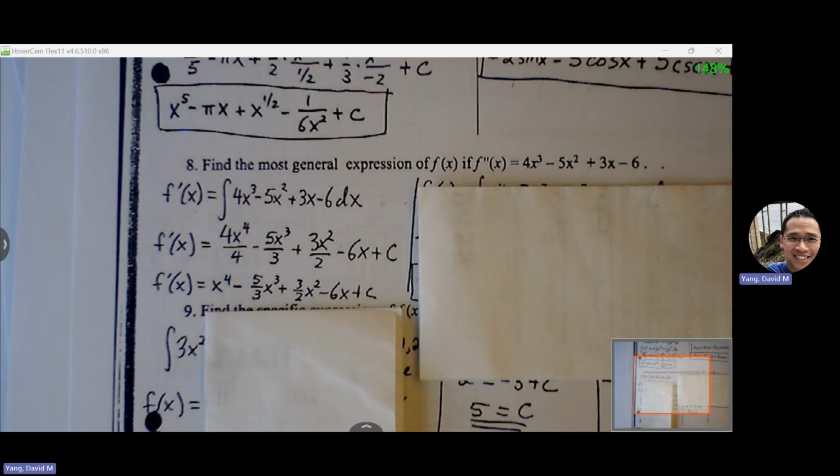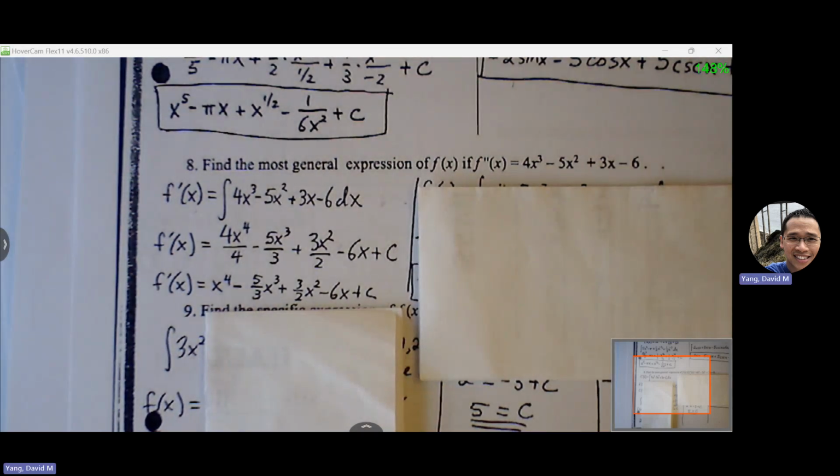Okay. So we're officially at the halfway point. It says find the most general expression. We're not able to solve for C because they don't give us enough information to solve for C. We'll leave that C alone, and it'll just stay with us as we take our next step.